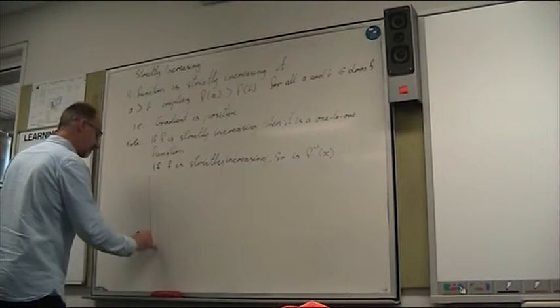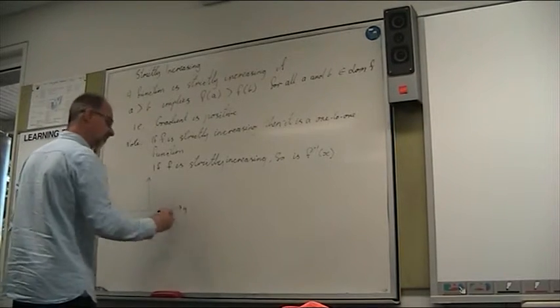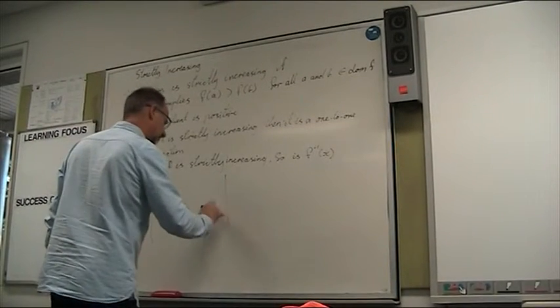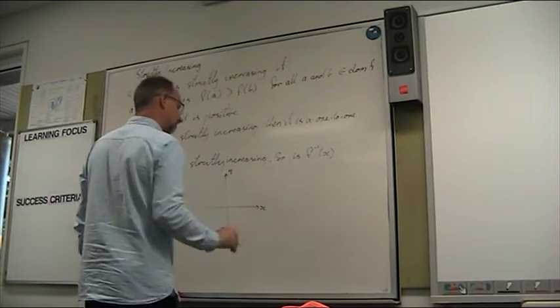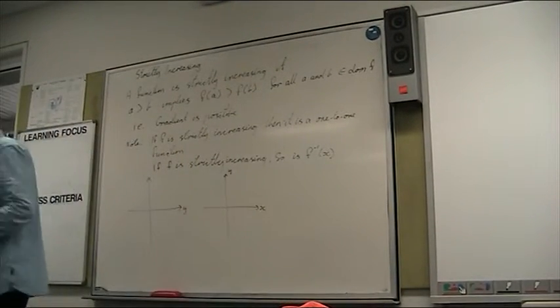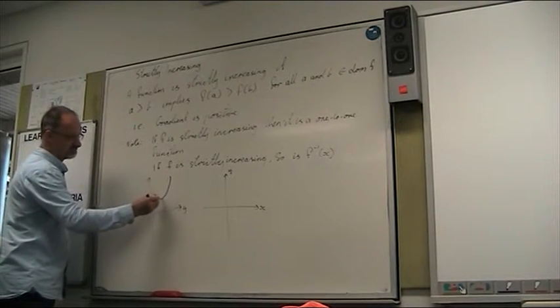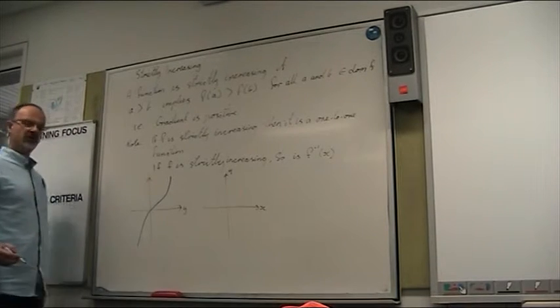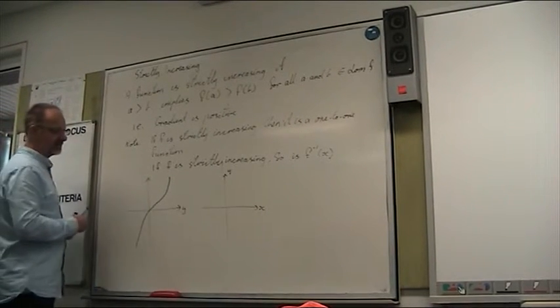So just some graphs here. For example, a graph that might be like this, a cubic kind of graph, would be strictly increasing.